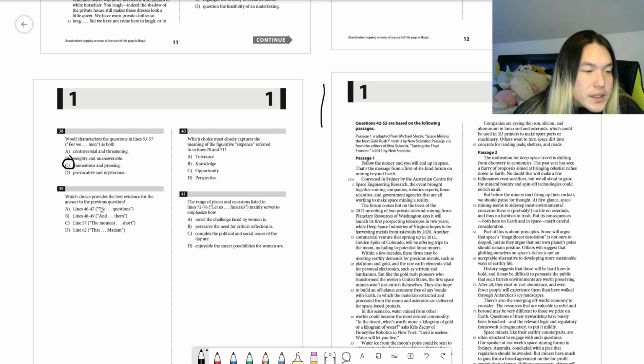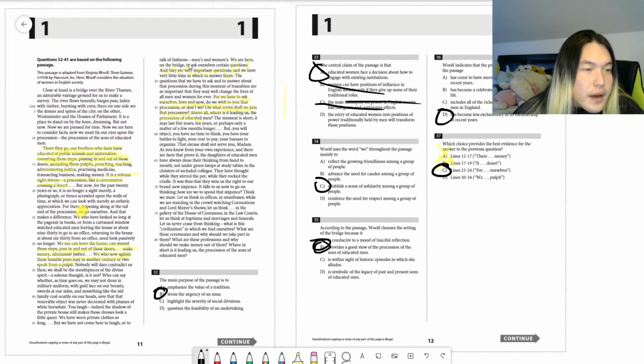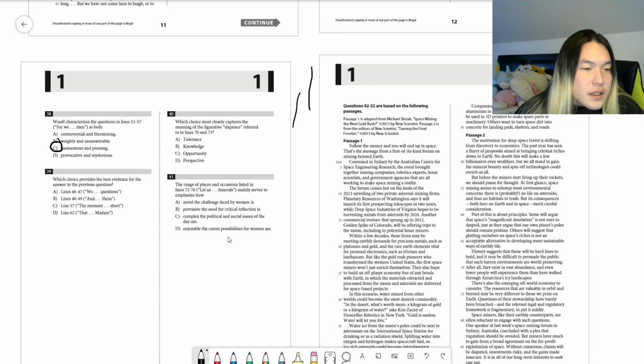Is it 46 to 47 or 48 to 49? A ends with questions, B starts with and. Oh, and they are very important questions, and we have very little time in which to answer them. Okay. Yeah, so we're looking for 48. So B. There we go.